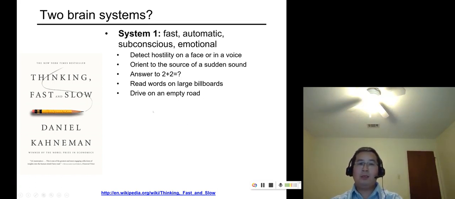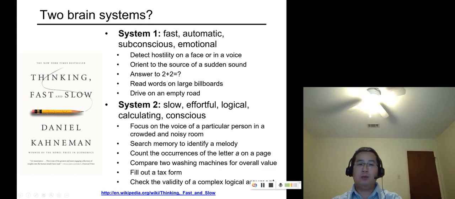But the slow one is the human brain. Slow, effortful, logic, calculating, conscious. Focus on the voice of a particular person in a crowd and a noisy room. So that means even if it's crowded and noisy, we still can focus on it. So constraint, we know what we want to do.